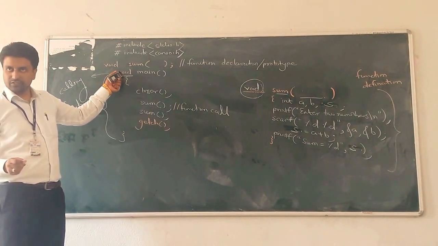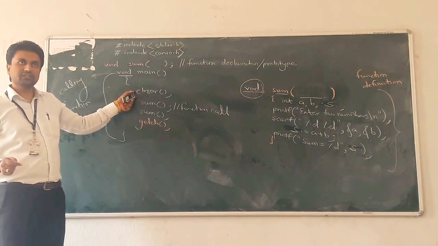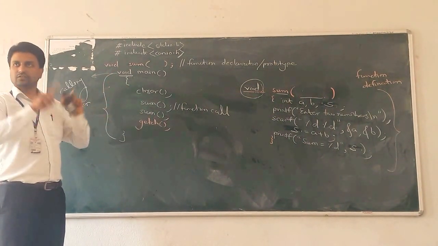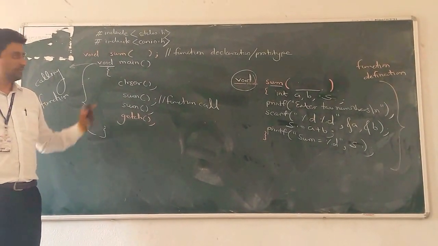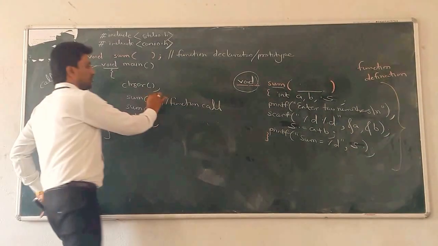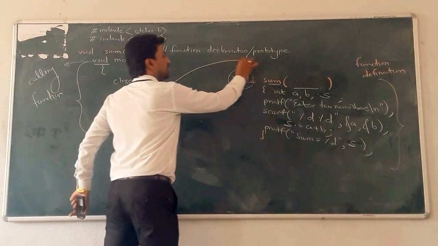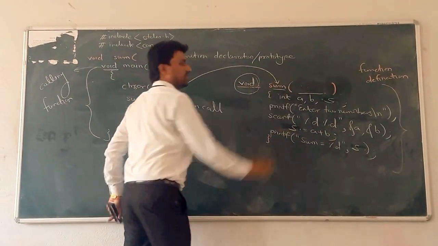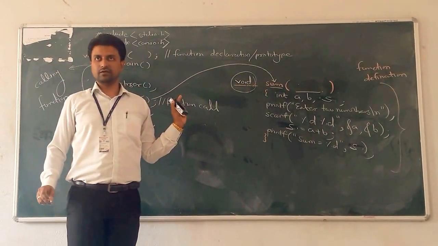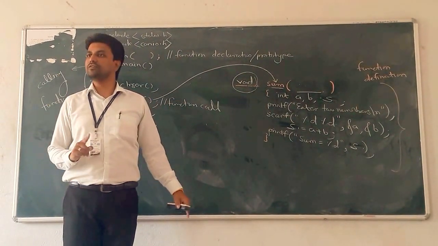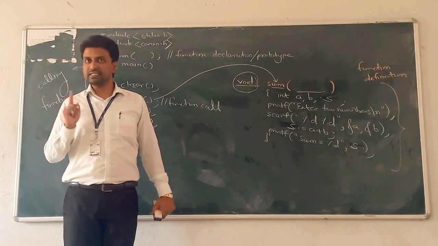Program starts from main function. First, which function is executed? Clear screen. So whatever may be on the text mode window, that gets cleared. Next, sum. So function call is linked with the function definition. This is called function binding. That is also a function of the compiler.